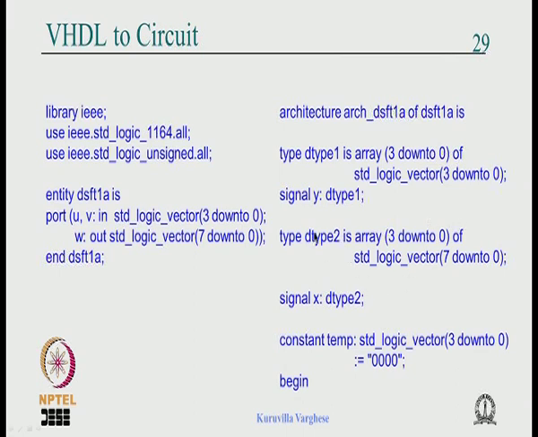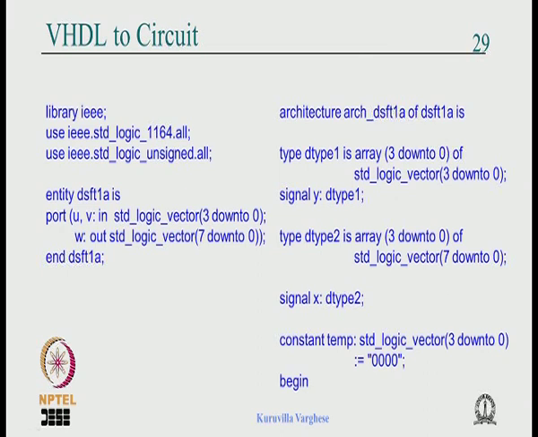And when it comes to another data type, D_type2 is something similar, an array 3 down to 0. So it is 4 locations of 8 bit. So this is 4 locations of 4 bit, this is 4 locations of 8 bit, 7 down to 0, 8 bit. And we have declared a signal x which is of this type D_type2. That means you have x3, x2, x1, x0, each of which is 8 bit.